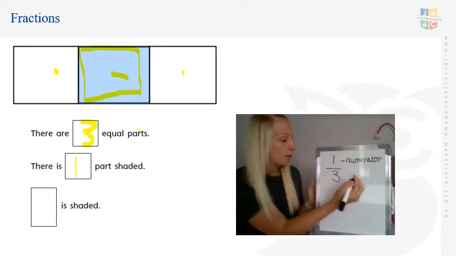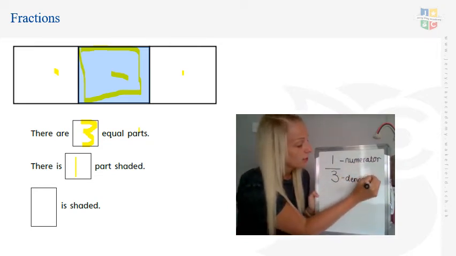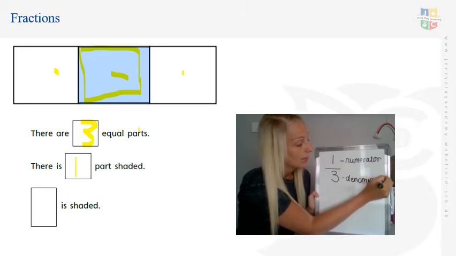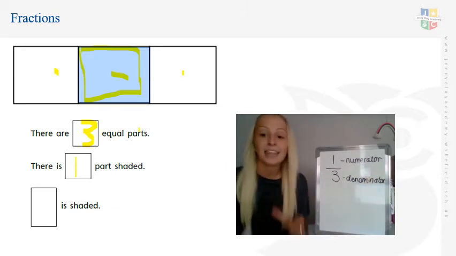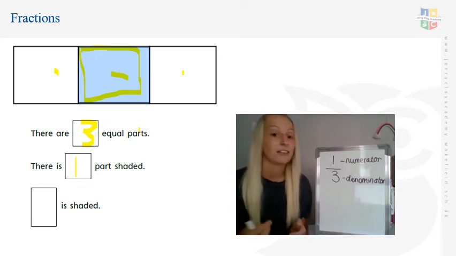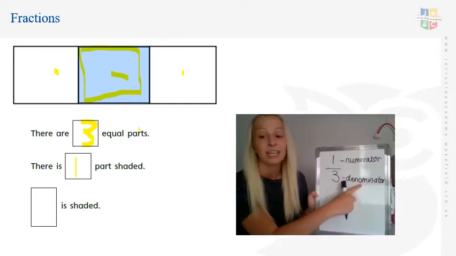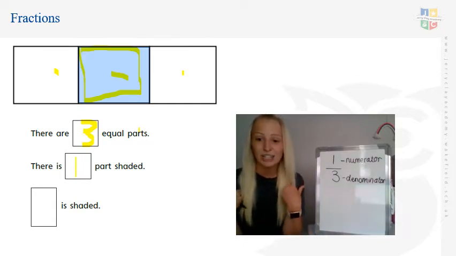The bottom number has a special name too, and that is called the denominator. And that represents how many parts my whole has been split into. So my whole here has 3 equal parts. So the denominator means equal parts. Say denominator.